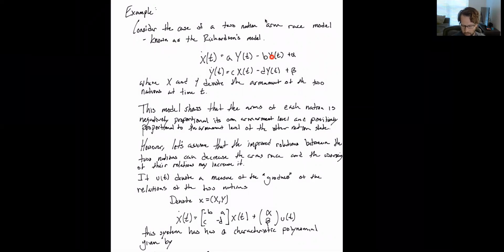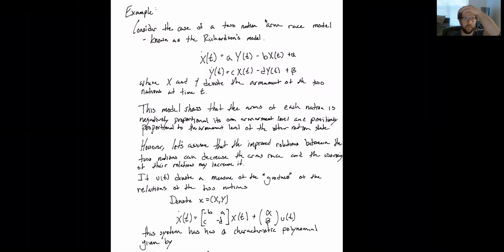Then if the product of B and D is greater than the product of A and C, we can show that the origin, the case where nobody has any armaments, for U equal to 0, is asymptotically stable.